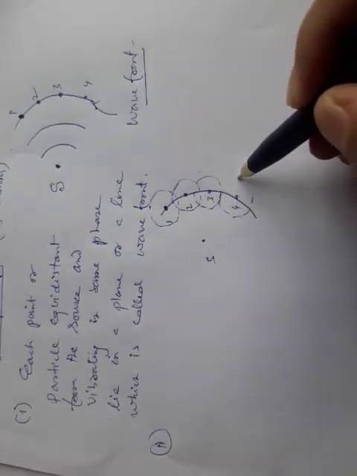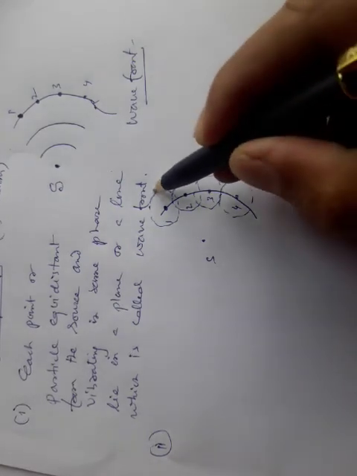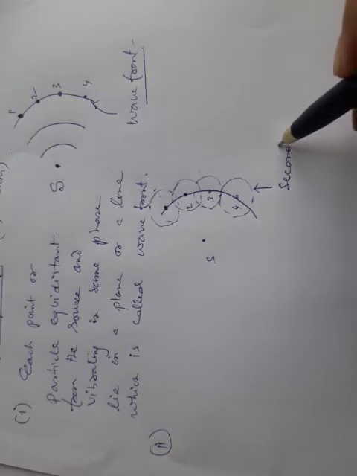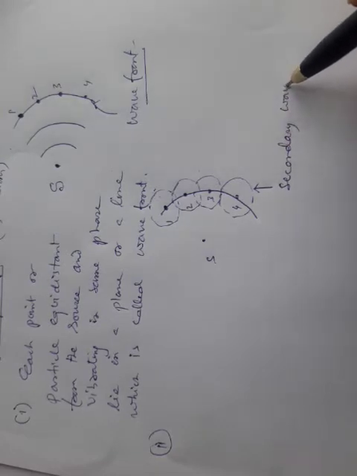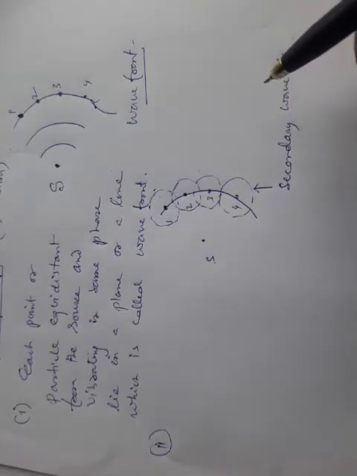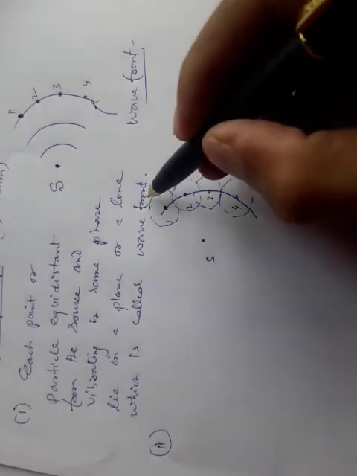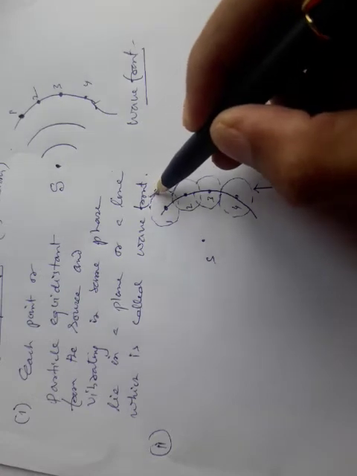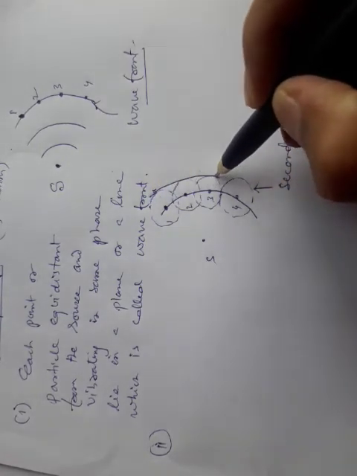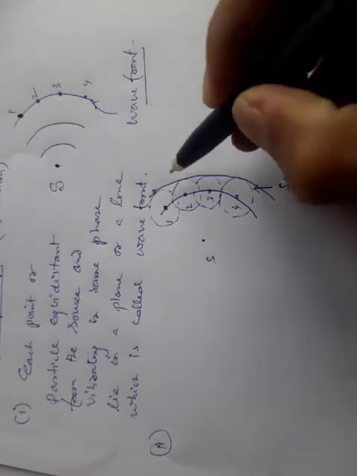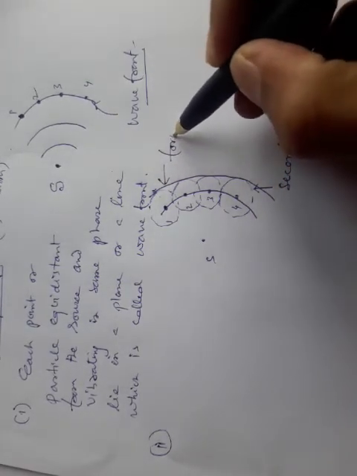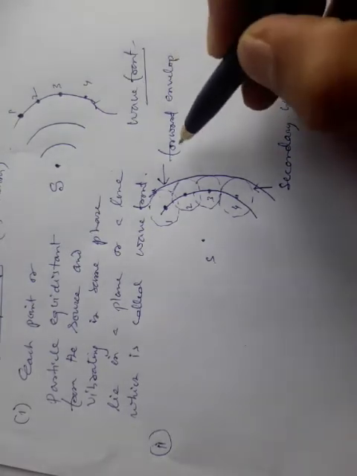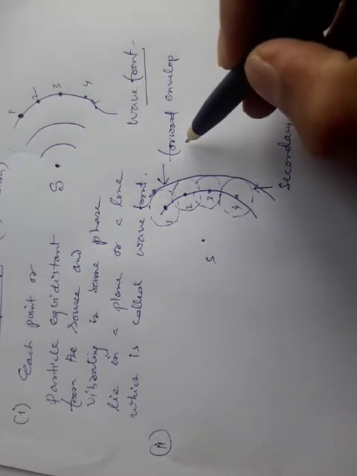These waves are known as secondary wavelets. And if you draw a tangent touching all these circles, this is known as the forward envelope.